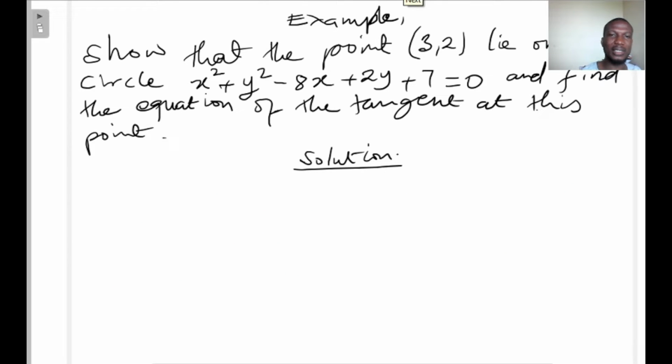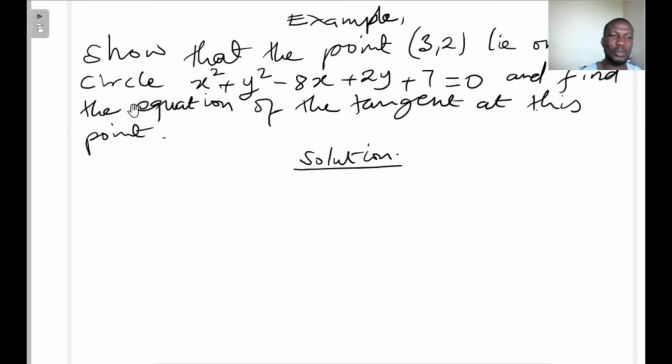Our example says that show that the point 3, 2 lies on the circle x squared plus y squared minus 8x plus 2y plus 7 equals 0, and find the equation of the tangent at this point.